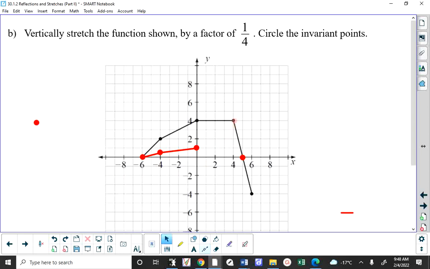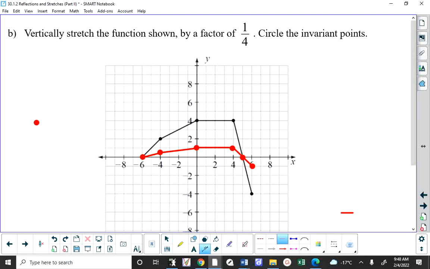This point, which is 4 away, will also be 1 away. This point where x is 6 is 4 away. This point is 4 away, but it's 4 below. So 1/4 of 4 away is 1 away, and it will be below. And again, if you've done a fairly decent job of this, you will discover that everything lines up well.